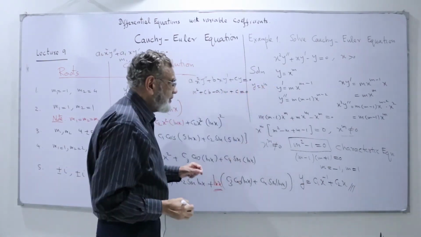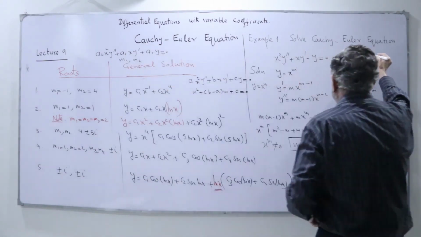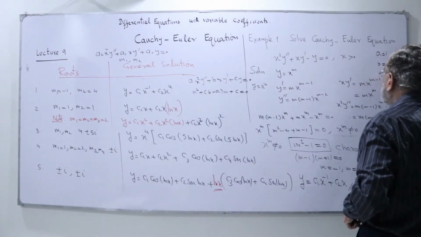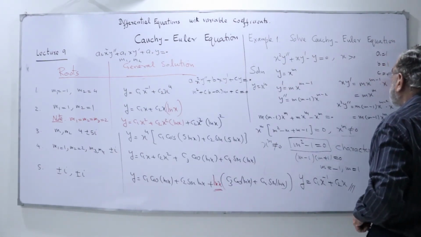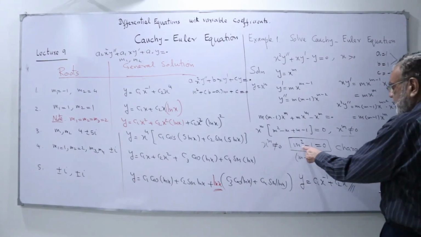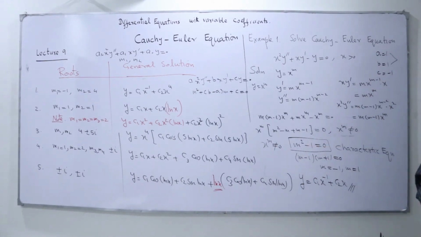We can check this one. In this case, my a is equal to 1, my b is equal to 1, my c is equal to minus 1. So b minus a is equal to 0. So m square minus 0, and then c is equal to minus 1. I get m square minus 1. So inshallah we apply this one to solve the next problem.